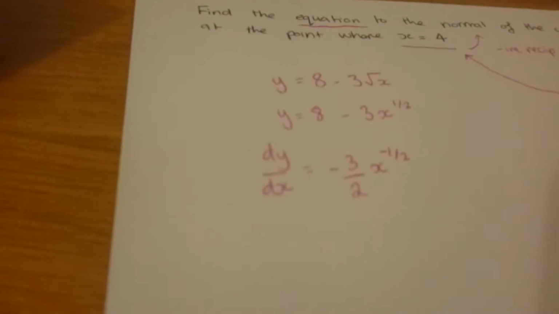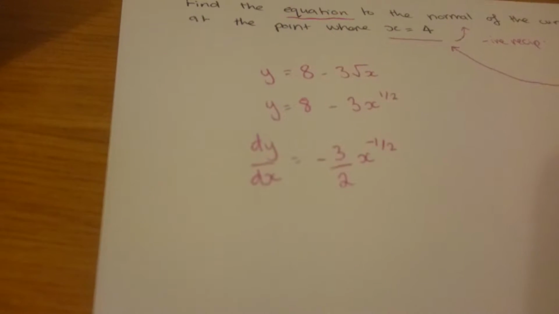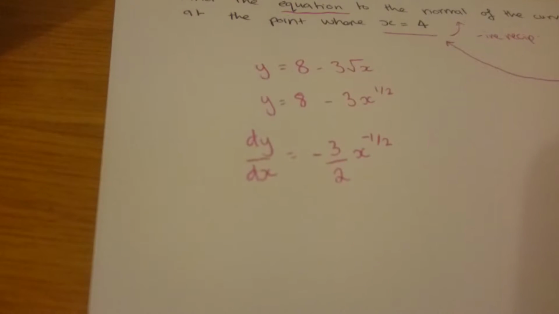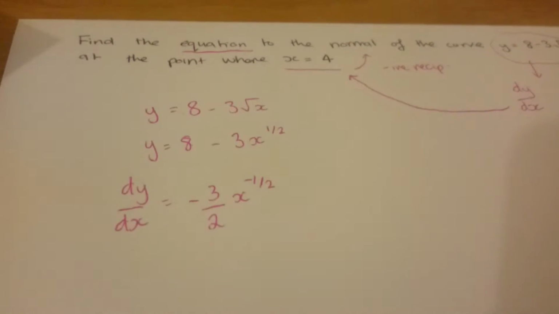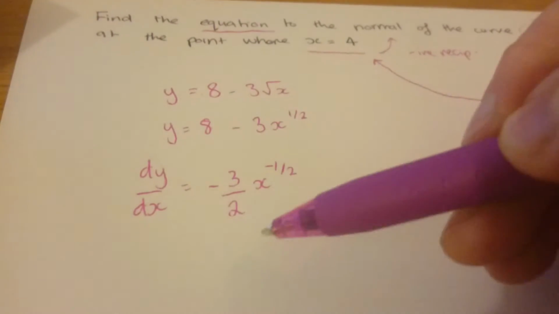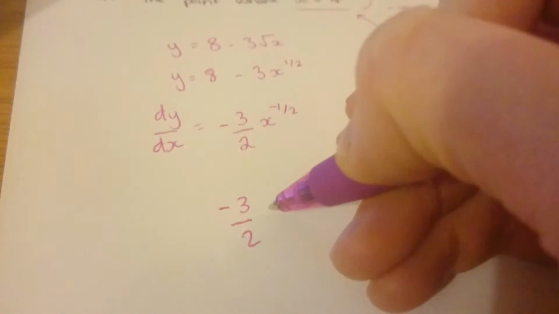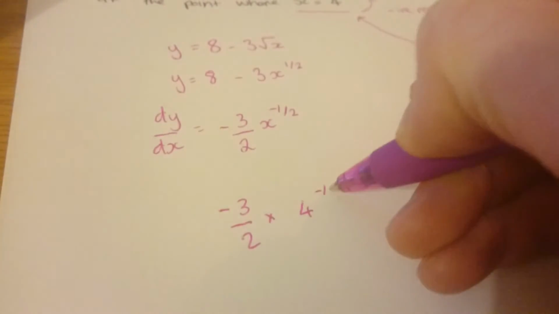Next we're going to be substituting x equals 4 into this here. So we'd write minus 3 over 2 times 4 to the minus a half.